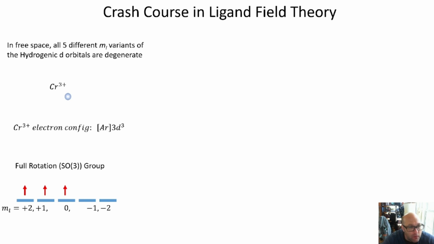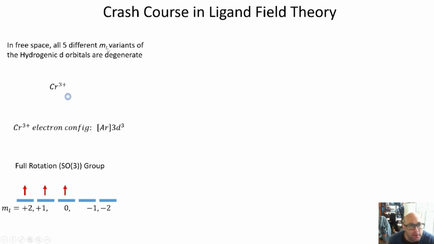But in any case, we want to start with the idea that if you have an ion in free space, say a chromium 3+ ion, which is the typical cationic state of chromium in a lot of solids, you've got 3d orbitals on this ion, and in free space, it's totally spherically symmetrical.